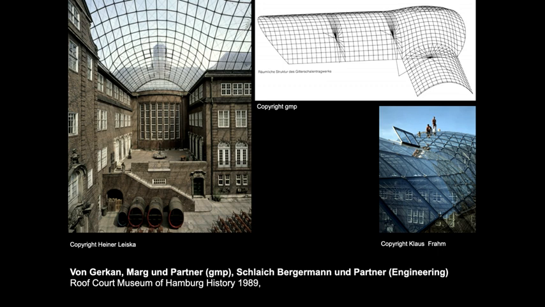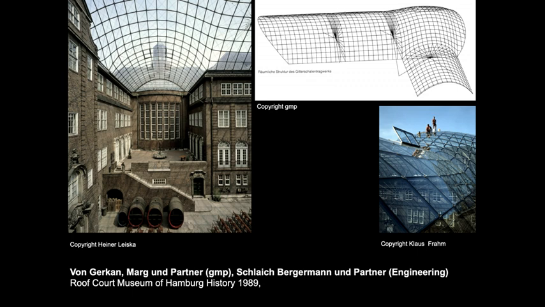Well, not far away from this building, there is another very interesting building for our particular case of steel networks. It is the Hamburg Museum, or the Museum of Hamburg History, Museum für Hamburgische Geschichte, which was built in the early 20th century by Fritz Schumacher.